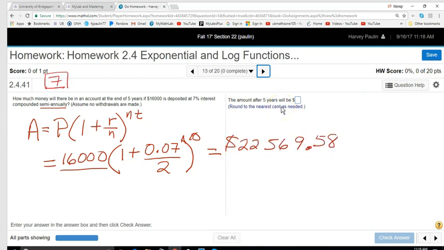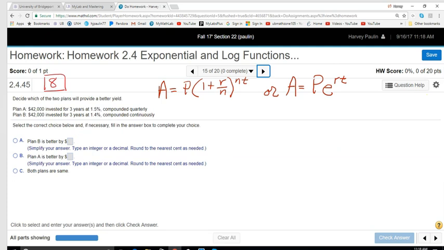And something like this. So here, again, you want to be sure you're familiar with the formula, how to put data into the formula, and then a strategy for working the formula so you end up with the correct answer. And this is pretty good. 7% interest, 5 years, you've made over $6,000. Wow.